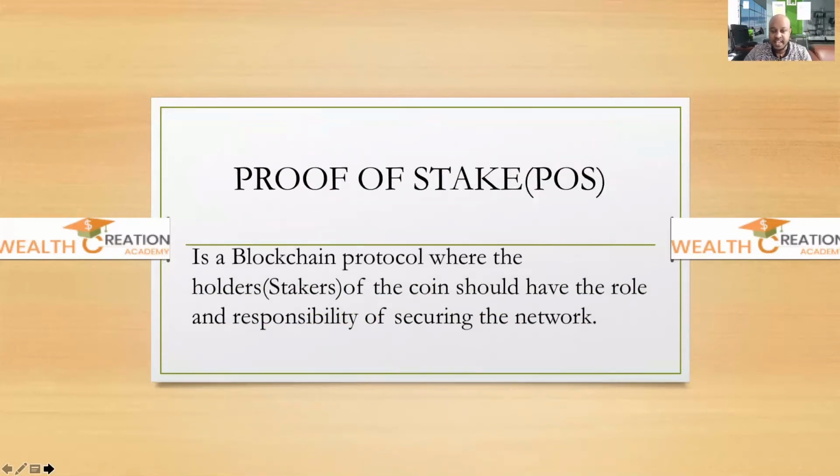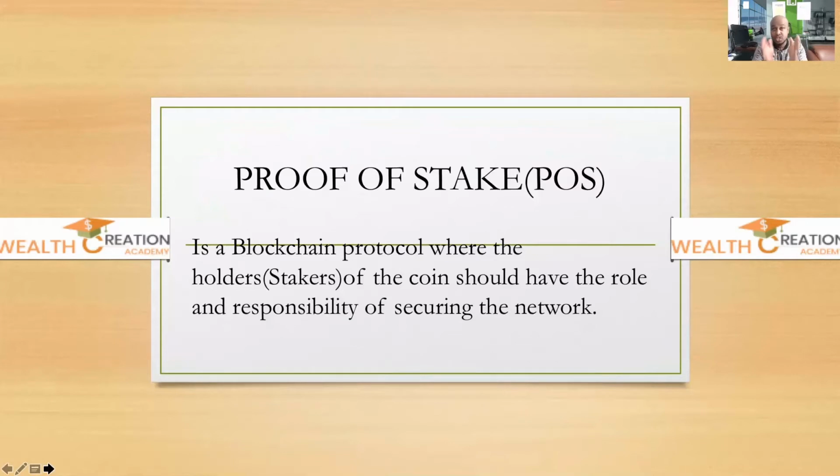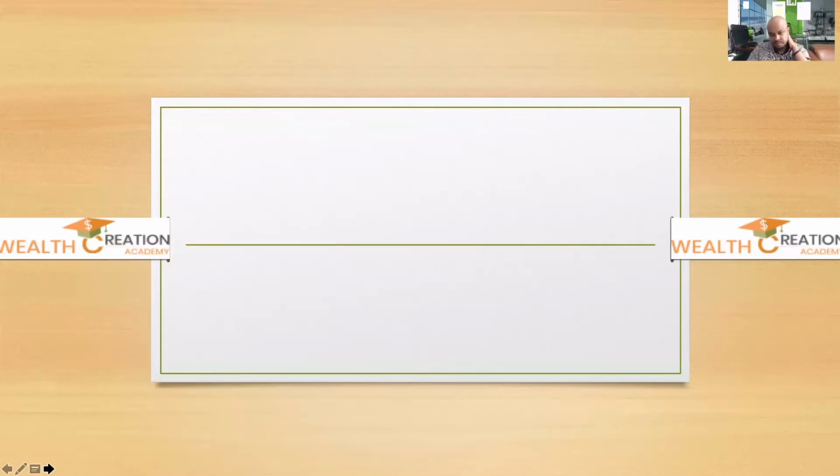Basically, proof of stake is a blockchain protocol where holders, or the stakers, whoever have the token and are staking it, have the role and responsibility of securing the network. That's the whole point. You have the role of securing the network by staking your coins, by locking up your coins somewhere, so that it does some kind of activity to secure the network. That's proof of stake.